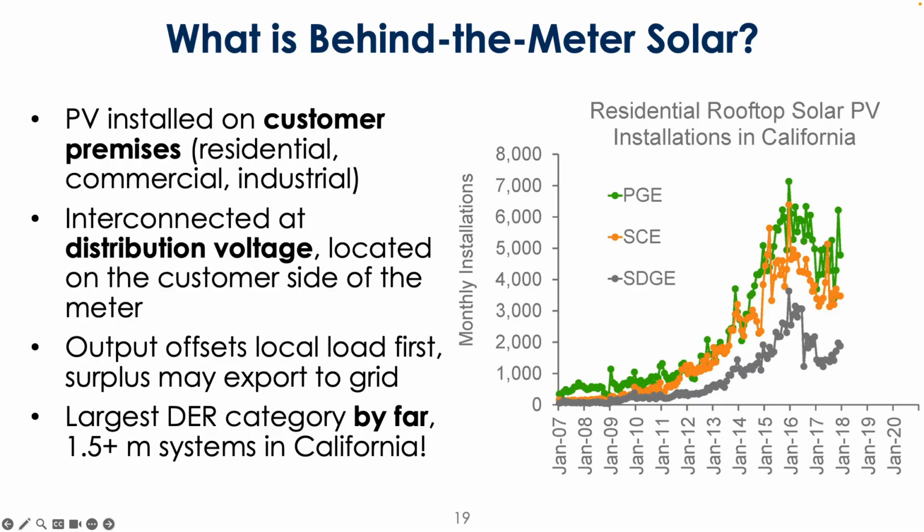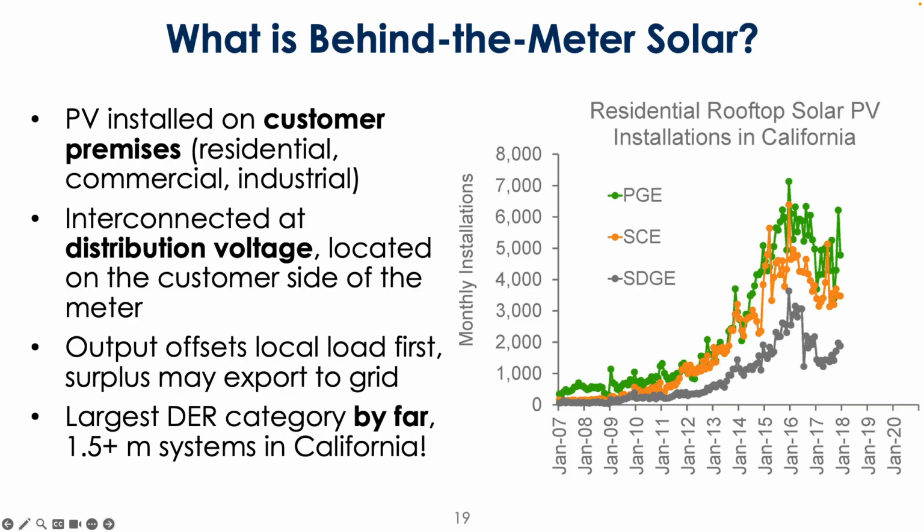The motivation behind focusing on this is that it's by far the largest category of DER technologies. You have over 1.5 million behind the meter solar systems installed in California. This is a breakdown, a little bit older of a chart, of monthly installations of rooftop solar in the major IOU territories in California.